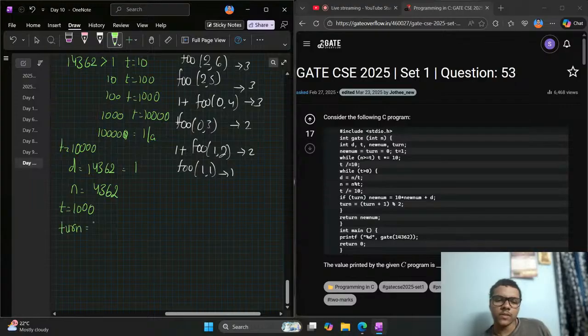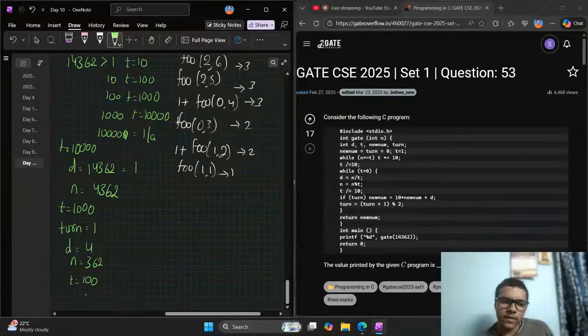Turn is equals to 0 plus 1, that is 1 more 2, that is 1. Okay. Now again t is greater than 0, yes. D is equals to n by t, 4362 by 1000, that is 4, and n is equals to 362, the modulus, and turn is equals to 100 now.